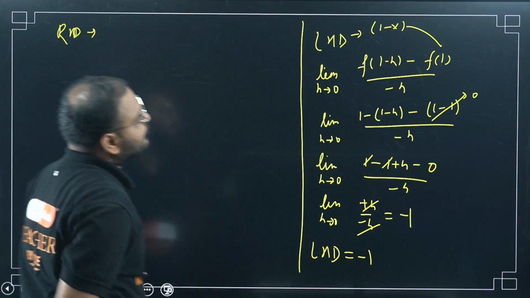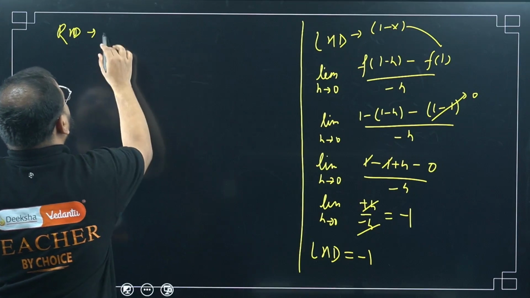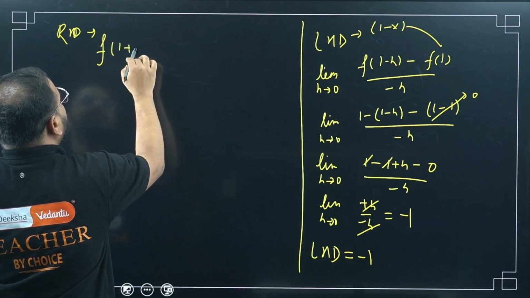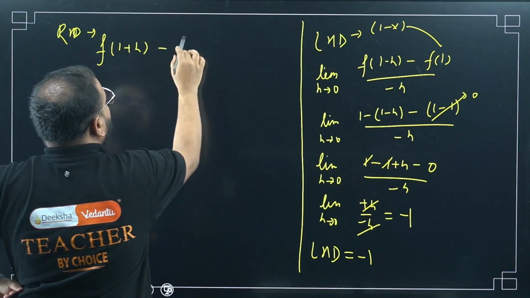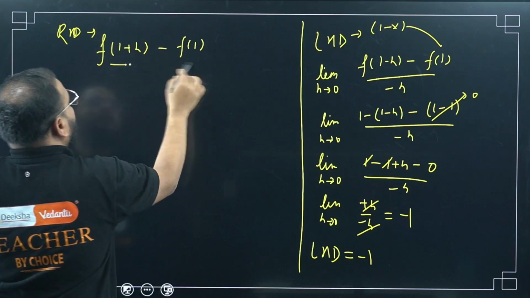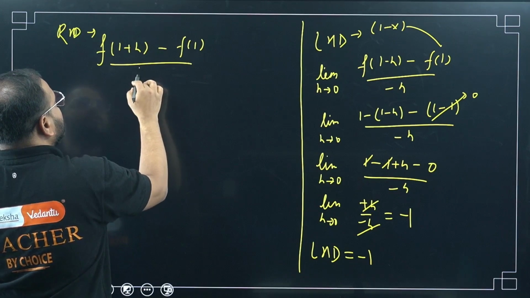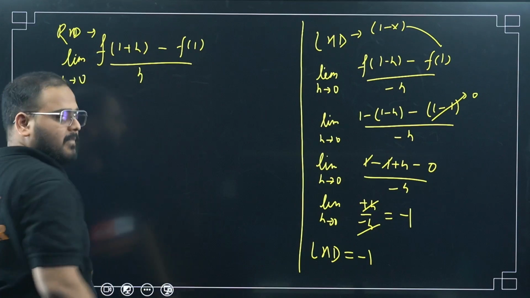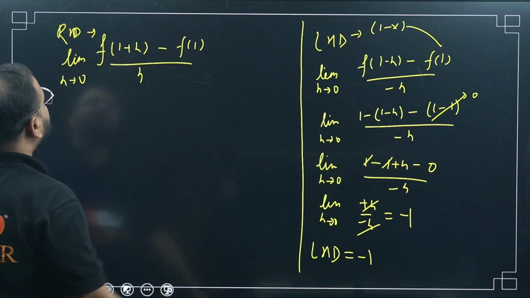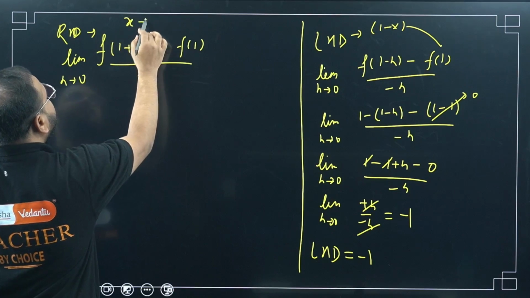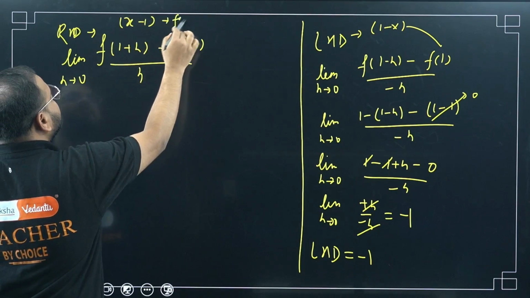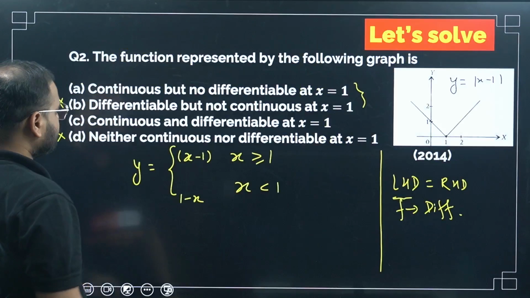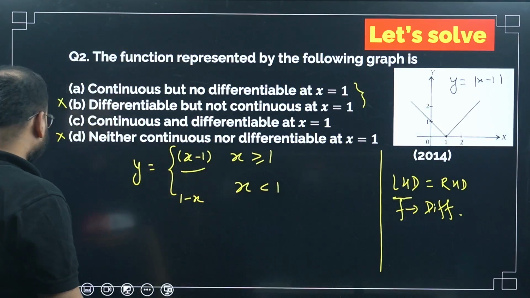For RHD, what will I have? f of 1 plus h minus f of 1 upon h, limit h tends to 0. Correct? This is for RHD. Which function will I use here? x minus 1. This is my function. Okay.